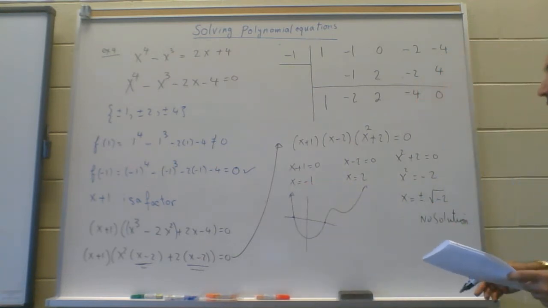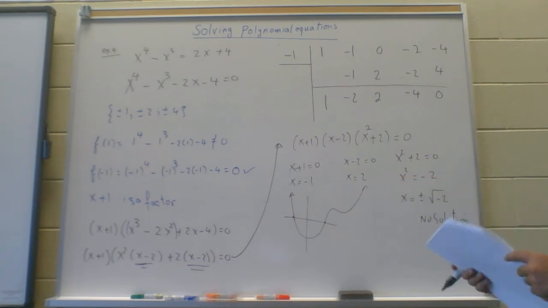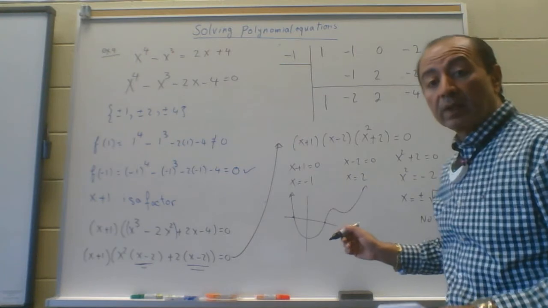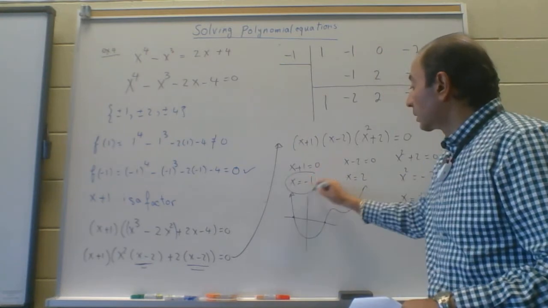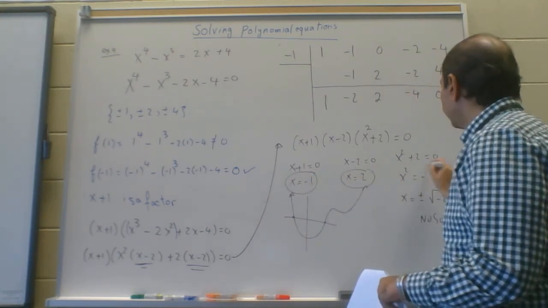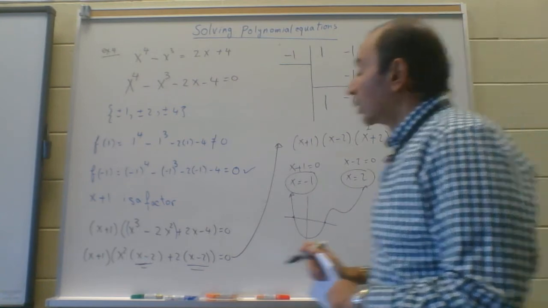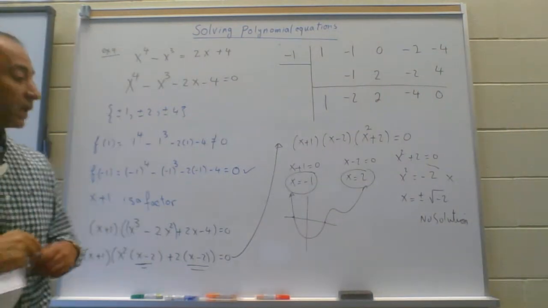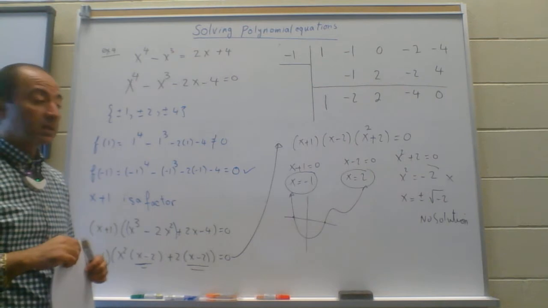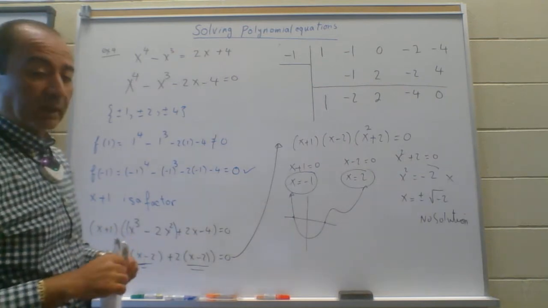I'm just giving you a hint how it looks like, but that's not our concern. Our concern is to get those values, the solutions, and this has no solution. Okay, so this is how we solve polynomial equations, and I am done with this.